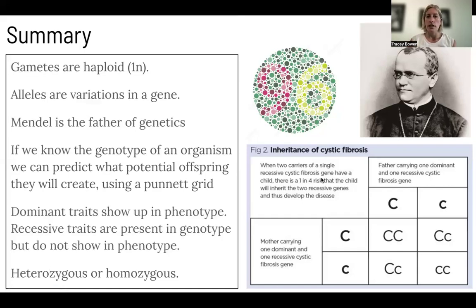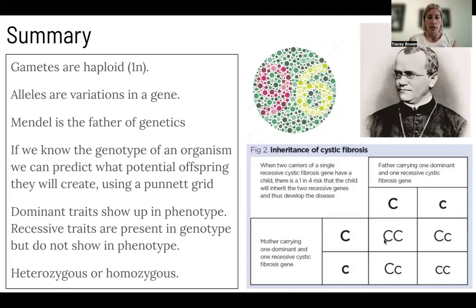Here we can see the inheritance pattern of cystic fibrosis. You can see here that both parents are carriers of the recessive allele. When we do this Punnett grid, there's a 50% chance that the children would be carriers, but they would not express that disease, and so they would not be sick.